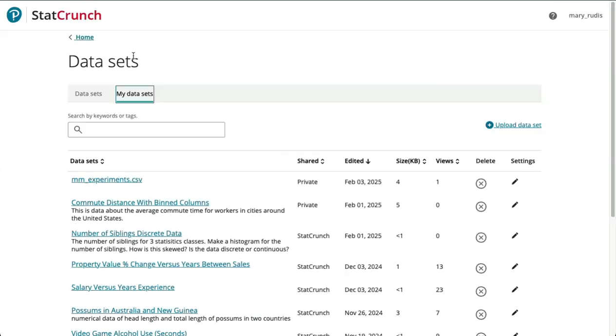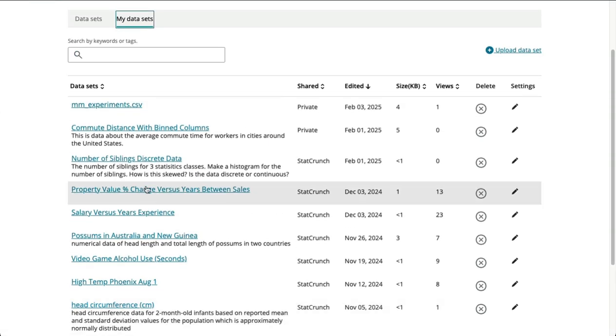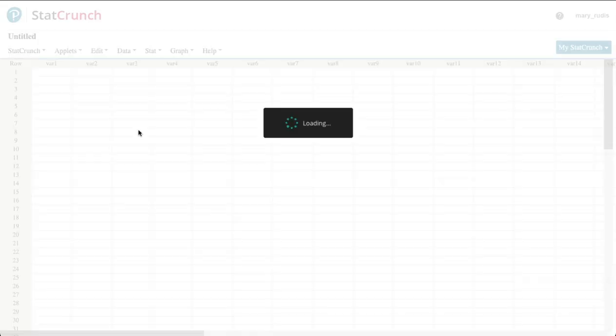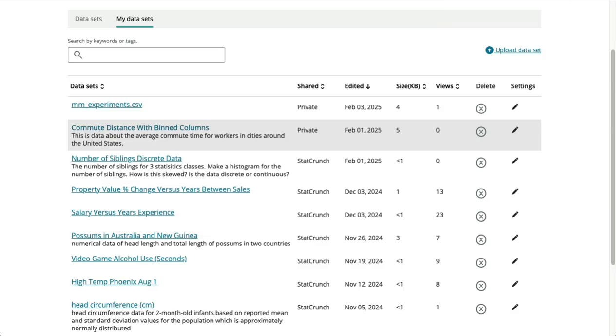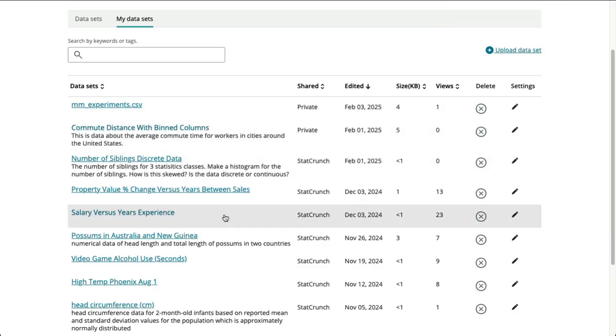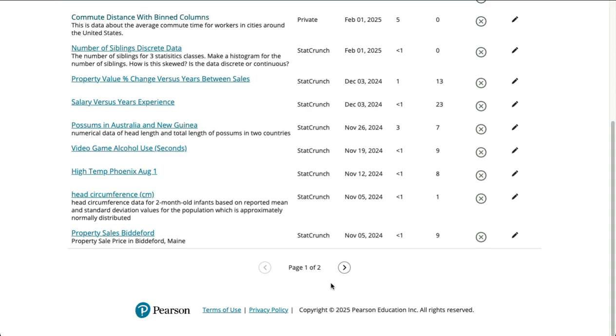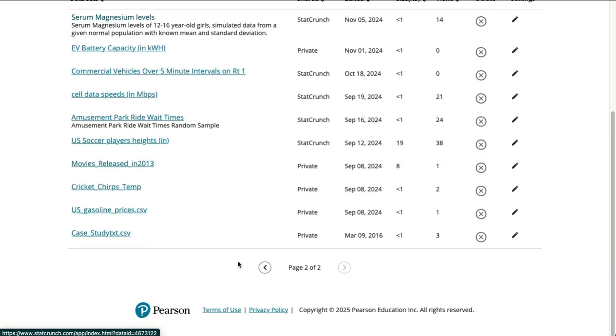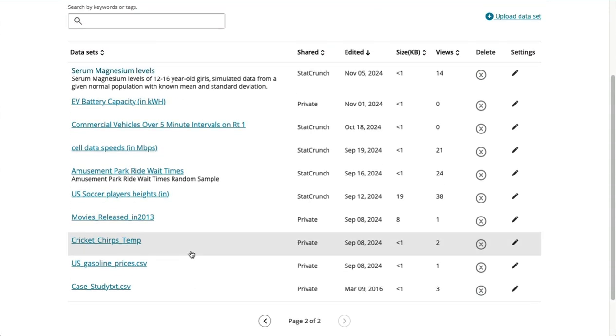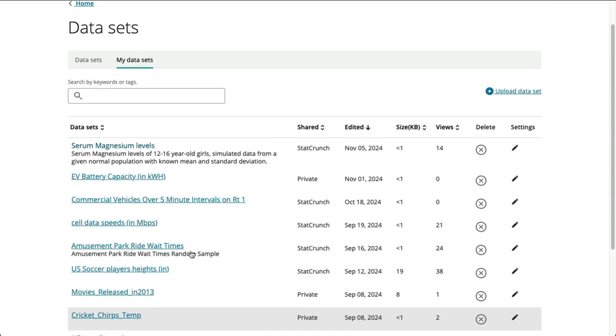Let's look at my data sets. I guess maybe it's this one. Oh no, that's not it. I guess I don't have the LA commute times data. So okay, we won't have to worry about that.